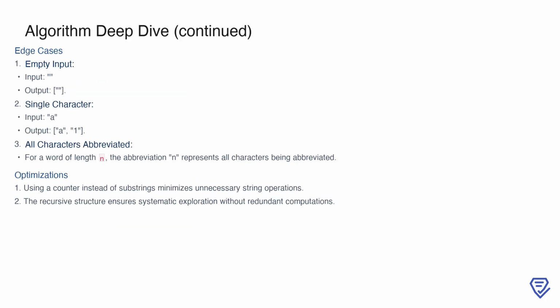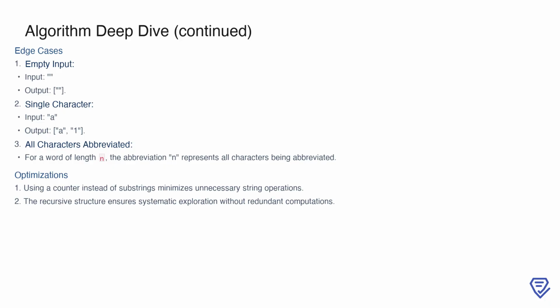It's important to consider edge cases to ensure the algorithm handles all scenarios correctly. For an empty input string, the only possible output is an empty abbreviation. For a single character input, such as A, the output would be A and 1, representing the literal and abbreviated forms. Another edge case is when all characters are abbreviated.